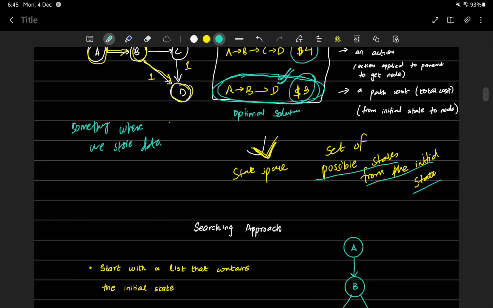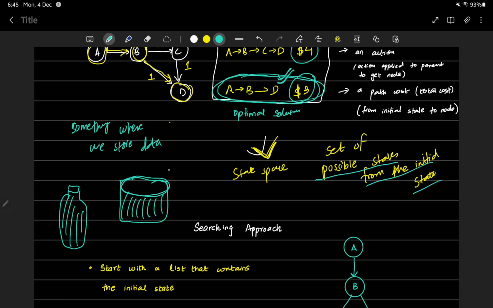If I say, what is a bottle and what is, let's say, this big can, these both store water, right? But this stores it in a different way, this stores it in a different way.